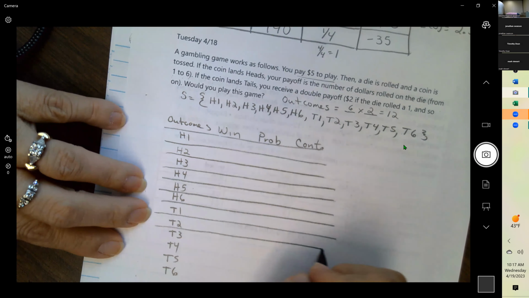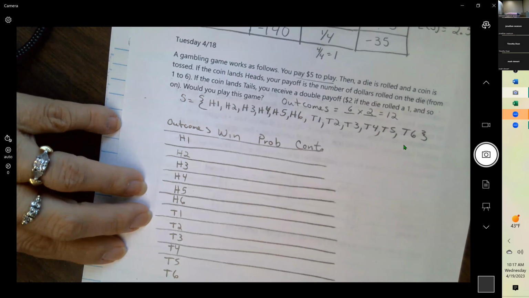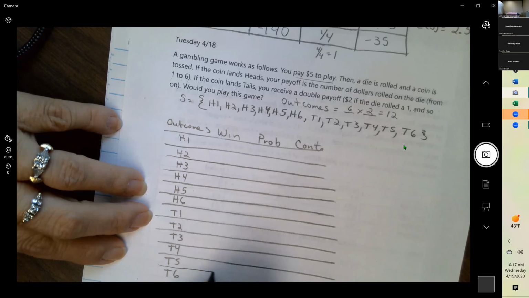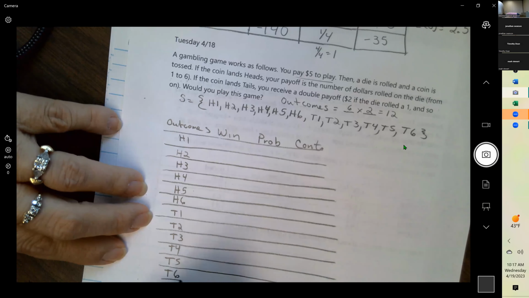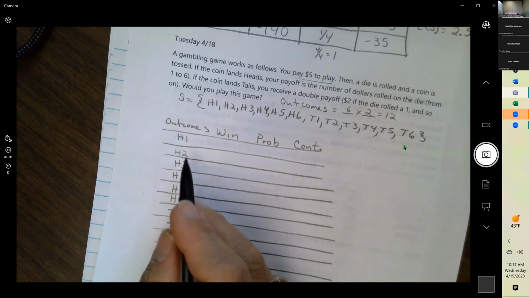Sometimes the book puts the outcomes going across. I like to work down because then I just add down and multiply across. That would be all of my outcomes. There should be 12, 6, and 6.